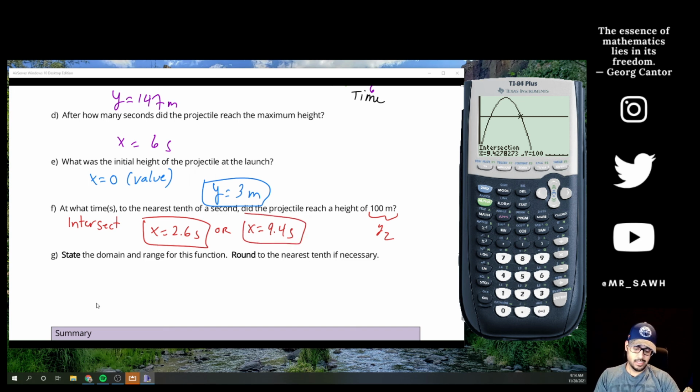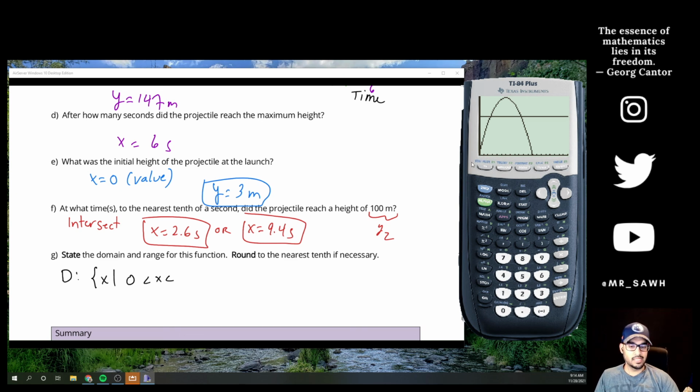Last thing we're asked to do is state the domain and the range. If I think about my graph here, domain is all the x values. So the domain has everything to do with x. It's the set of x values given the restriction. We found out that if x is time, the initial time I could have is 0.